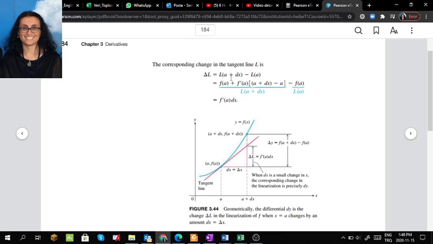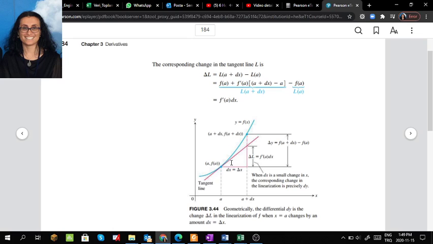Change in L is the linear function that we know, L of a plus dx minus L of a. So L of a plus dx is the linearization function: f of a plus f prime of a, instead of x in there, you put a plus dx minus a, and minus L of a is just exactly f of a. So we get that. From here, what you get is f prime, and then you get dx in there, okay?